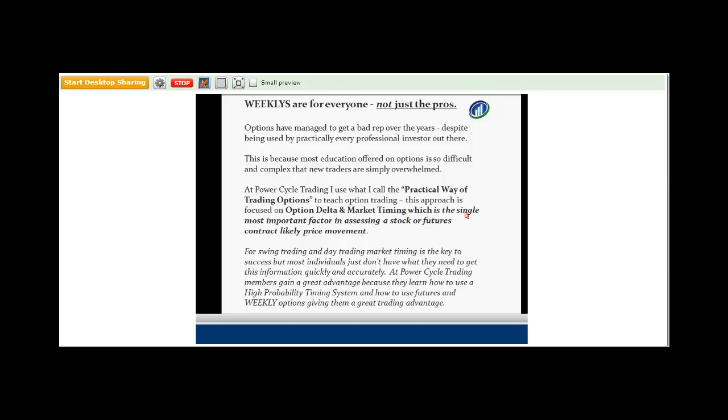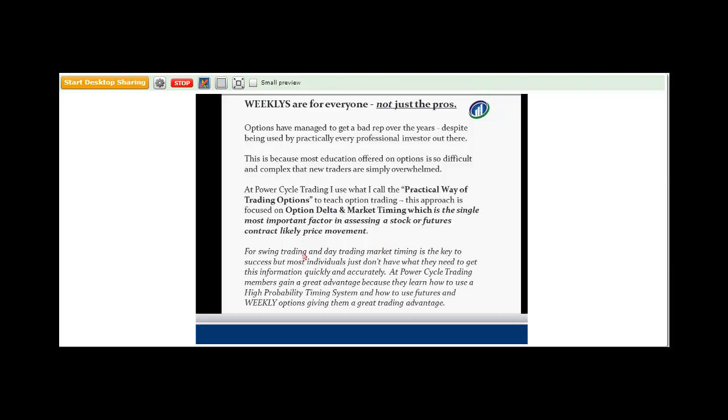Market timing is, in my opinion, the single most important factor in assessing a stock or futures contract's likely price movement. There are a lot of different option strategies that take advantage of volatility, but if you have a directional idea of the markets, it's a lot better way to go.